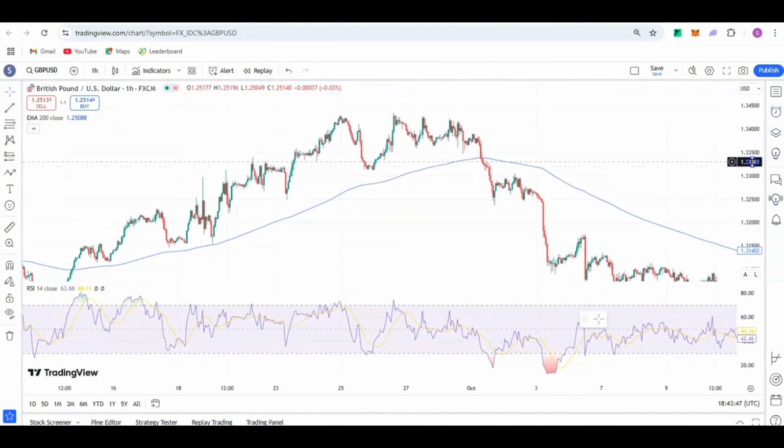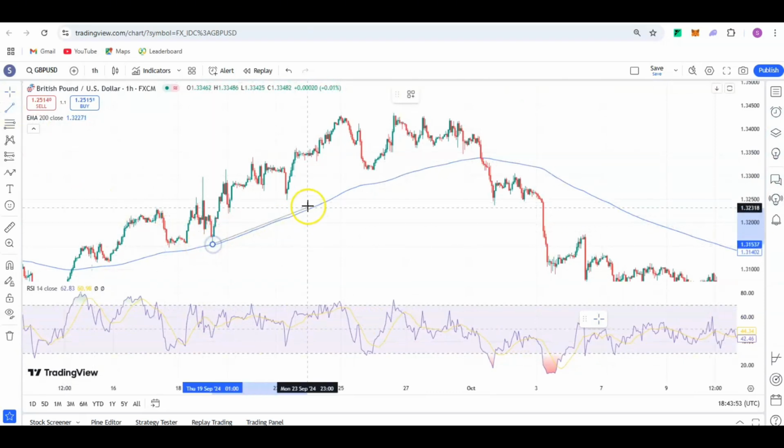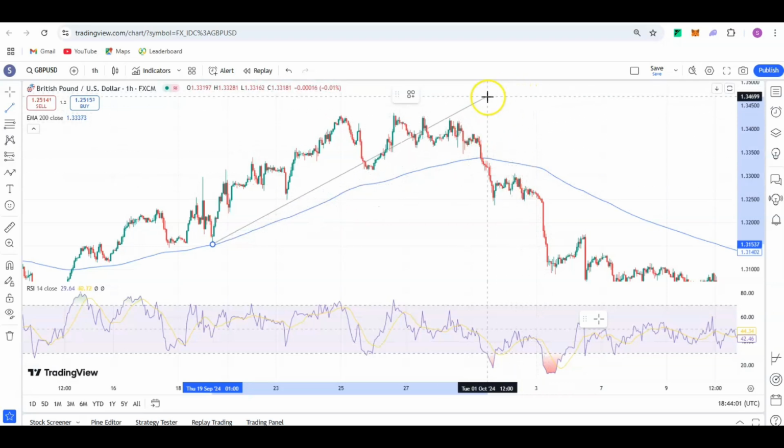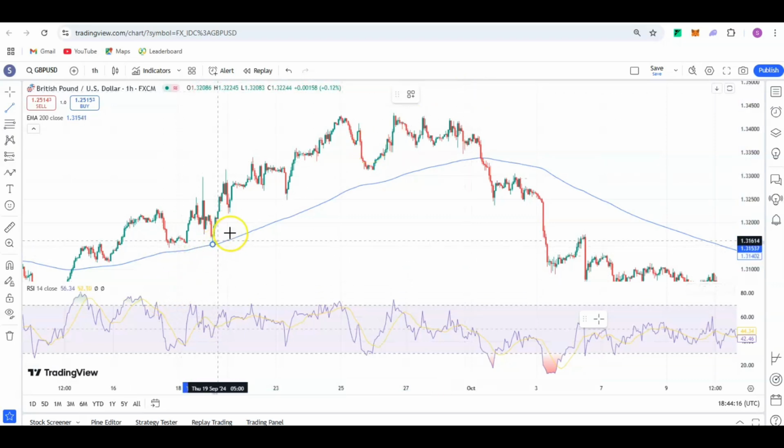So remember what I said to you about trend line. Trend line is about selecting a point. You can choose a wick and make sure that it touches at least 2 bottoms, then you extend the line. You don't need to worry yourself about what the market will do. Just make sure that your trend line is touching 2 bottoms.